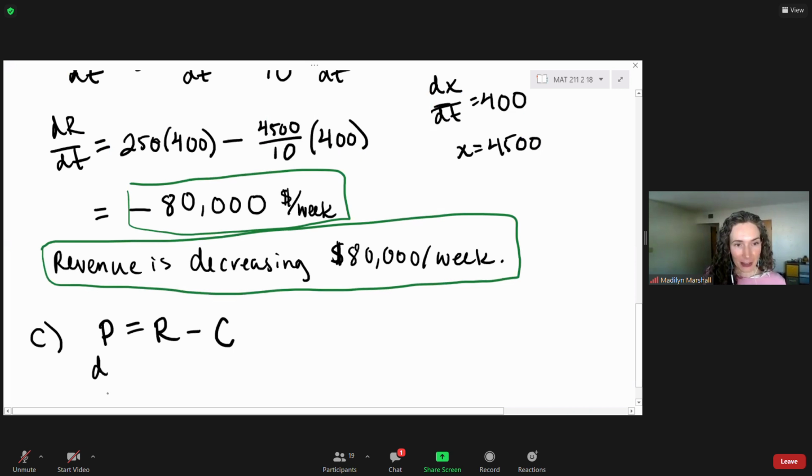So if we want to find the change in profit with respect to time, because of derivative rules, when we take a derivative of something, we can take the derivative of each part separately, each term. The derivative of profit is just the derivative of revenue minus the derivative of cost.